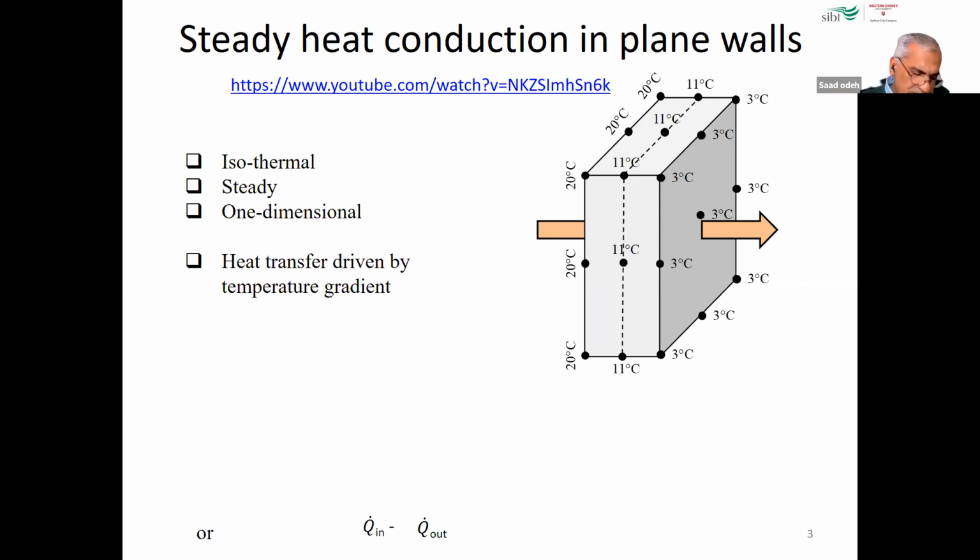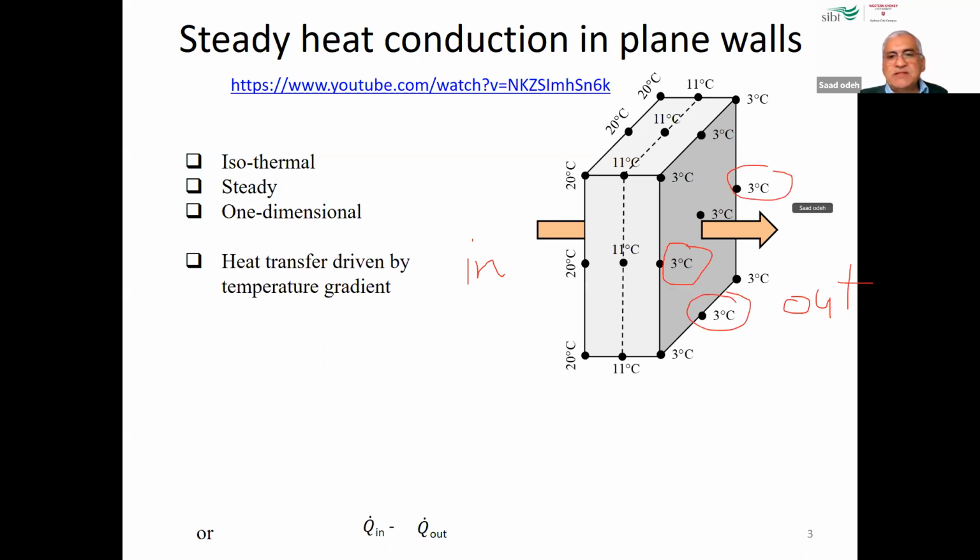Let's say this is inside, and this is outside. As you can see, the outside temperature is 3 Celsius.